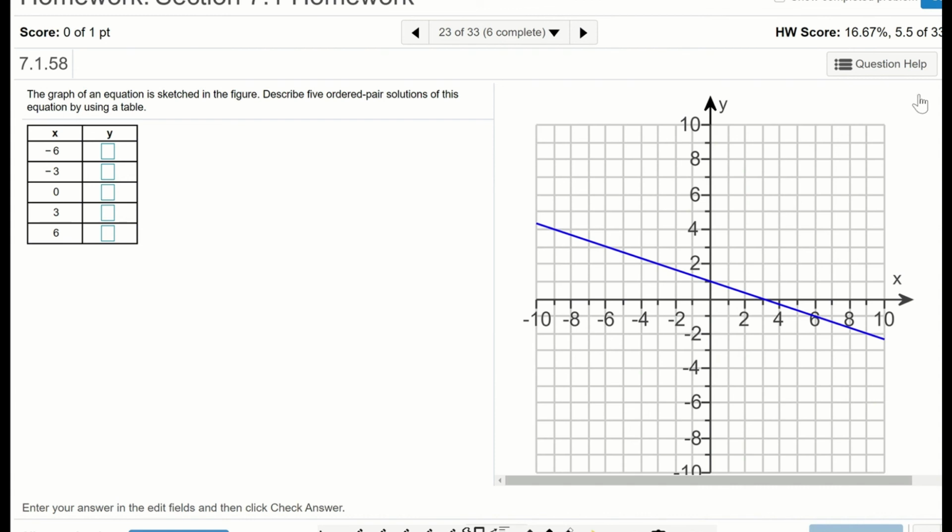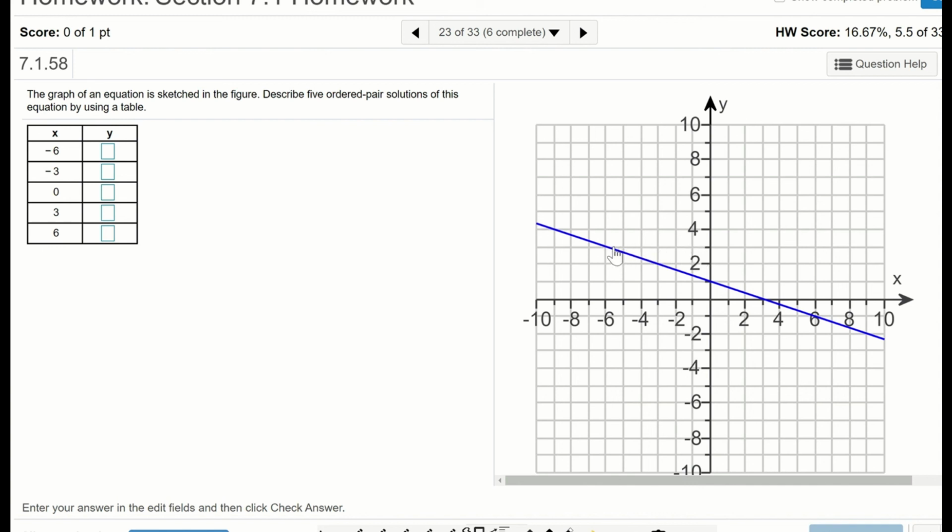So basically, we want to know what value of y would be associated with x equals -6. So we go to x equals -6 right here, then we go straight up to the line, and see what y value would be associated with that.